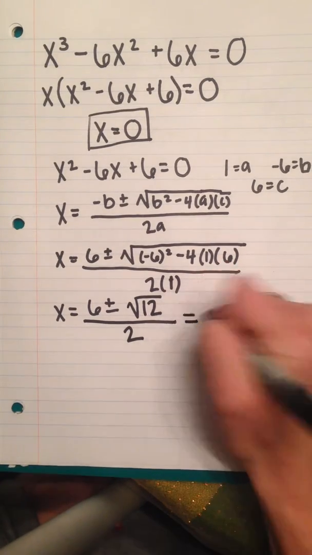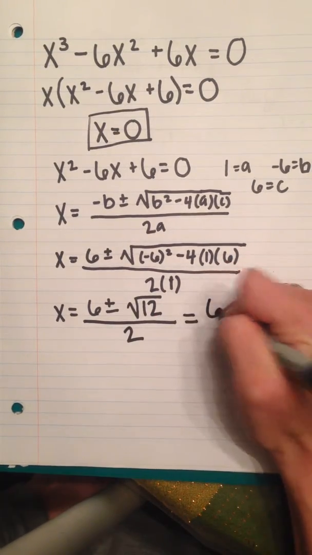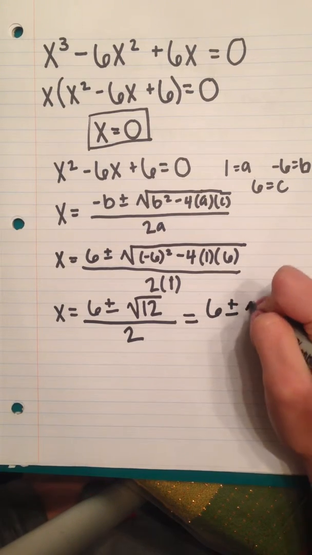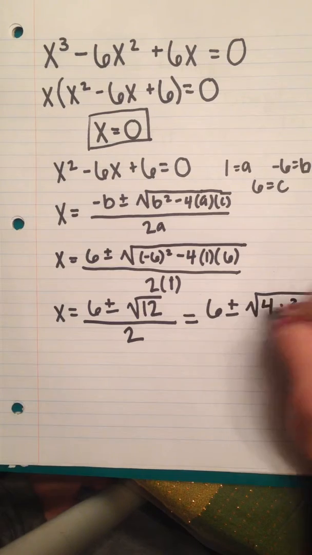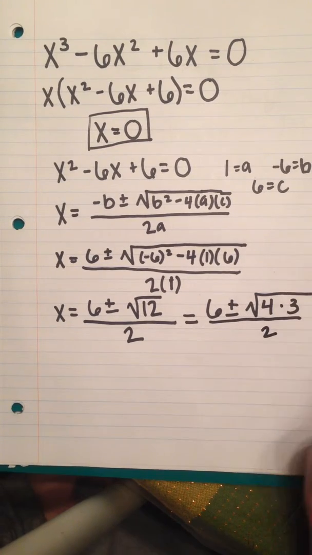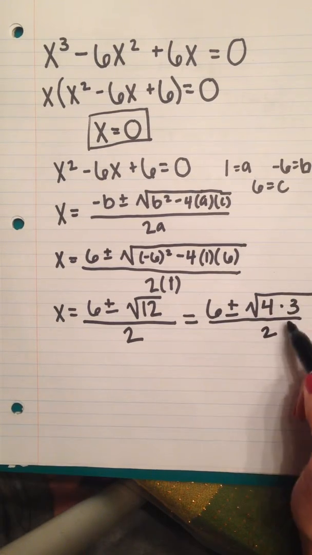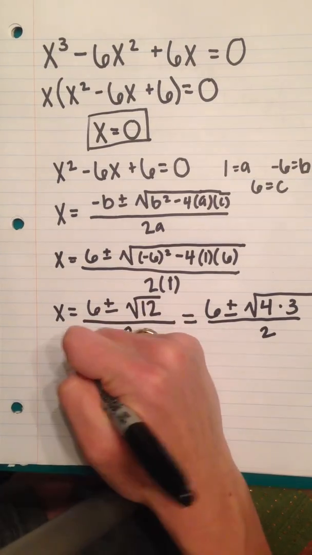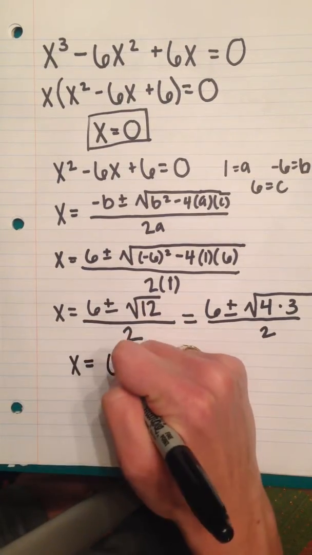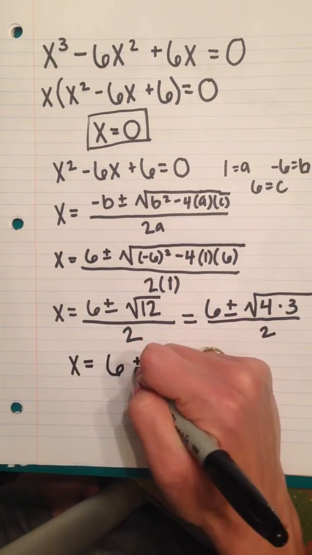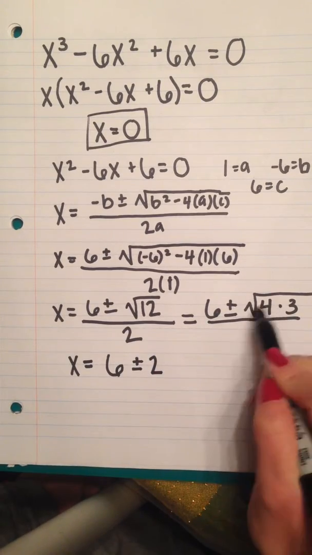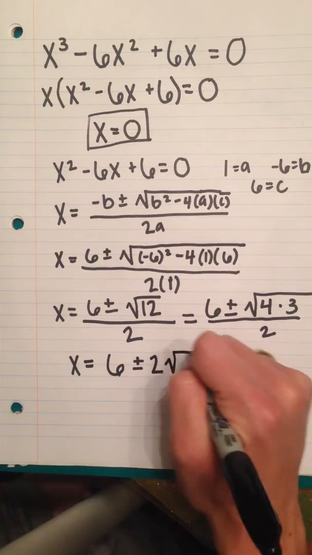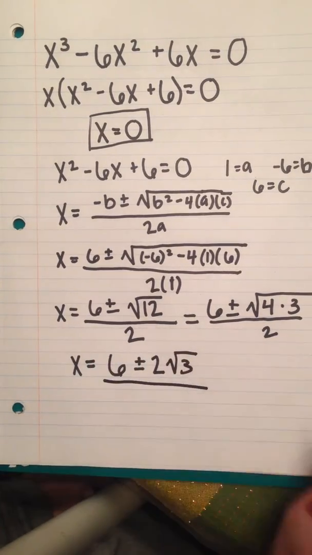We know that this is the same thing as 6 plus or minus the square root of 4 times 3, all over 2. Using our rules of radicals, we can rewrite that as x equals 6 plus or minus 2, because the square root of 4 is 2, times the square root of 3, all over 2.